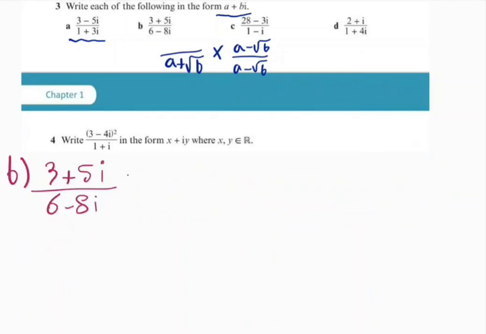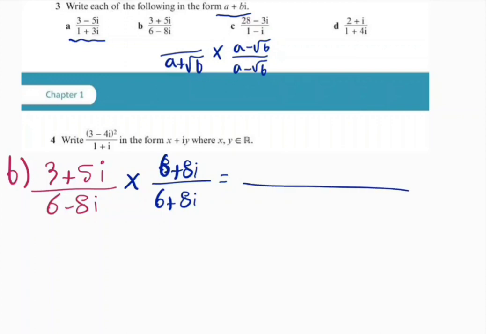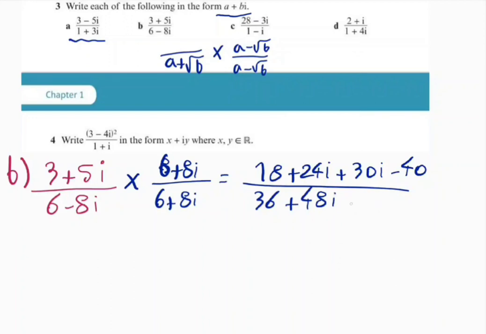For b, we should multiply top and bottom by 6 plus 8i. Here we have 18 plus 24i, then 30i, and then 40i squared, which is minus 40. In the denominator we get 36 plus 48i minus 48i, and then minus 64i squared, which gives us plus 64.